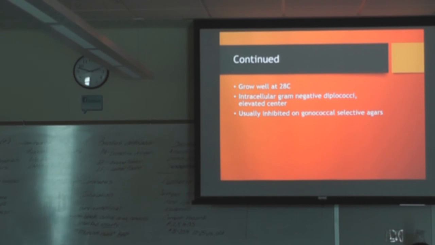Again, it is intracellular gram-negative diplococci with an elevated center, but the good news is that it's usually inhibited on gonococcal selective agars, such as the NYC agar, the New York City agar. It can tolerate lower temperatures as well, but 28 degrees for this one.